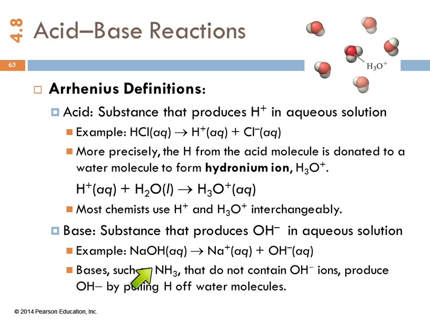And you may say, well, gosh, how does that produce hydroxide ions? Well, it does so by pulling hydrogen ions off of water molecules, leaving hydroxide ions behind. For most of these acid-base reactions, though, we can recognize the bases as some metal and hydroxide.